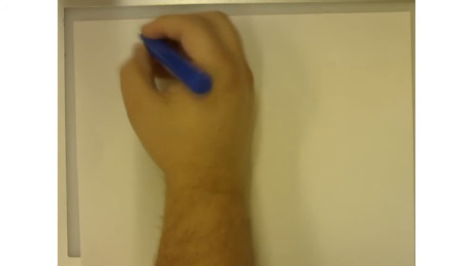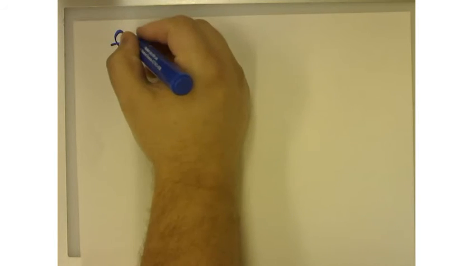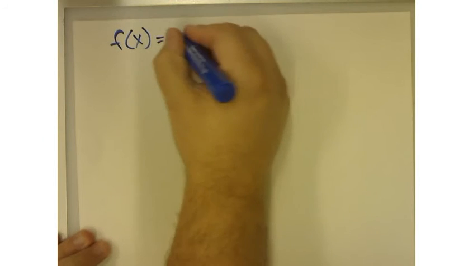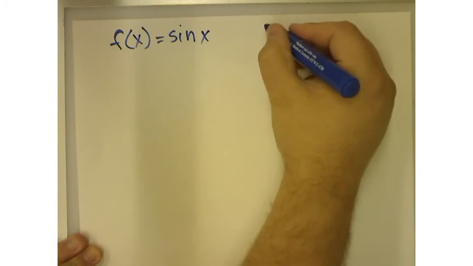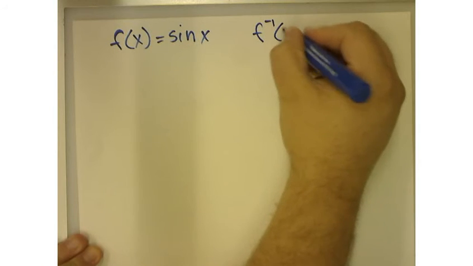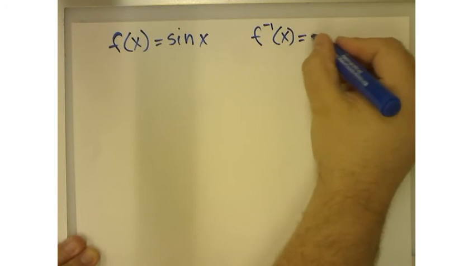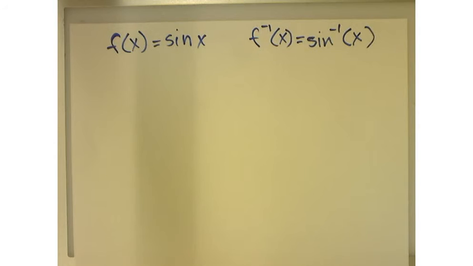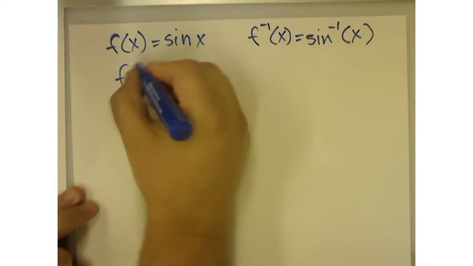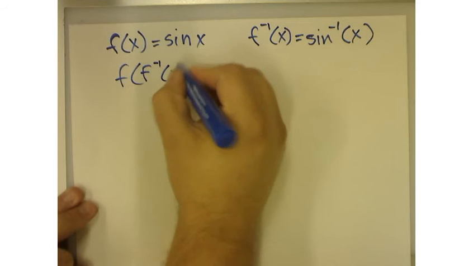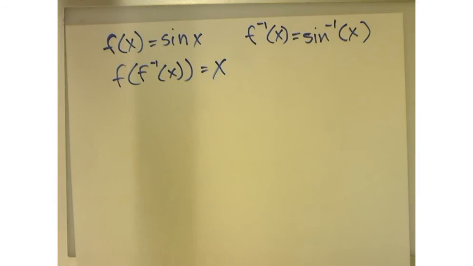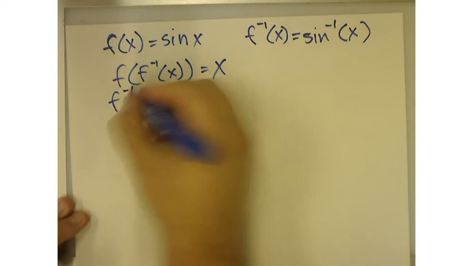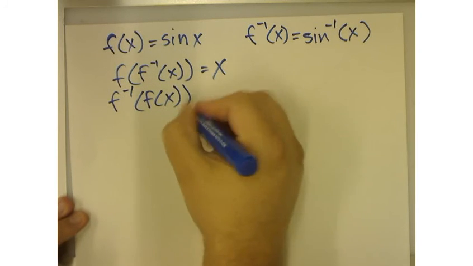Well, if I plug this in the calculator, or if I did this algebraically, which is not very easy to do, what I should get, if they are inverses, in other words, if f of x is equal to sine of x, and the inverse is denoted like this, then f of f inverse should equal x. Likewise, f inverse of f of x should equal x.